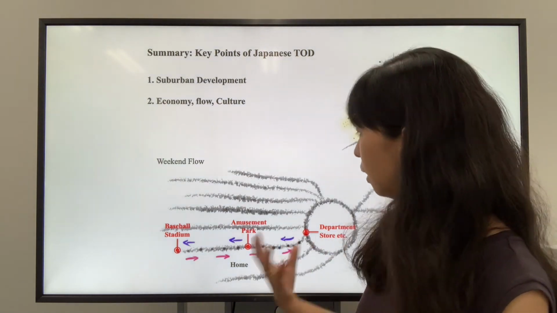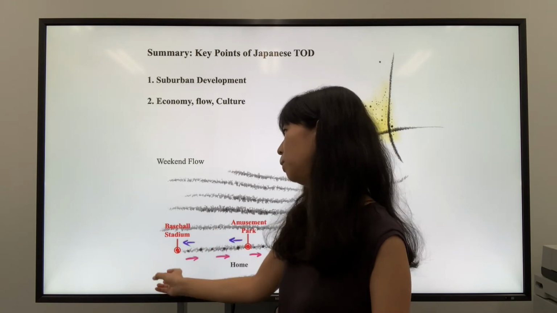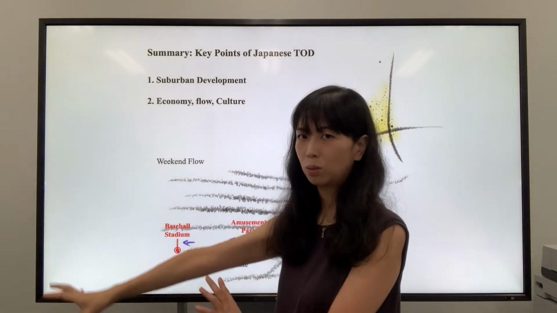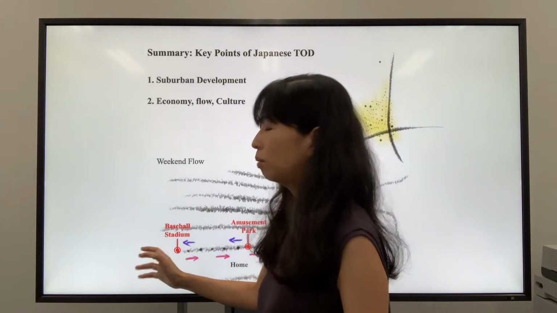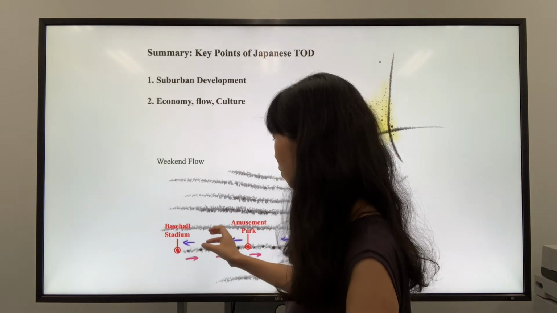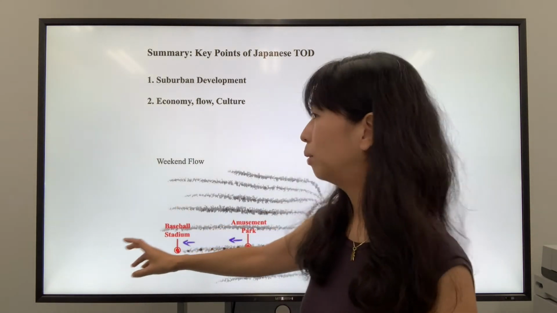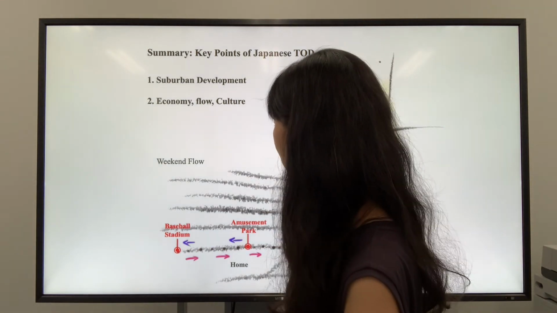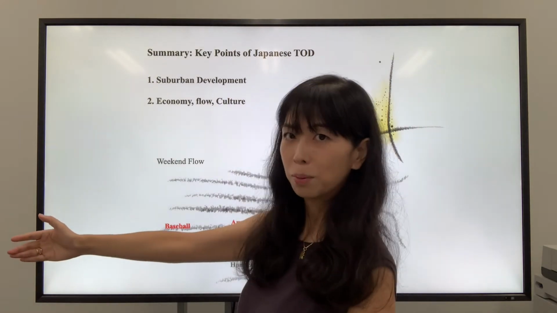On the other hand, they also create amusement parks or baseball stadiums and so on, some kind of recreational activities that probably take more space, and therefore it's more appropriate to position them in the suburban area. And because of that, on the weekends, you create again a flow towards the suburb.